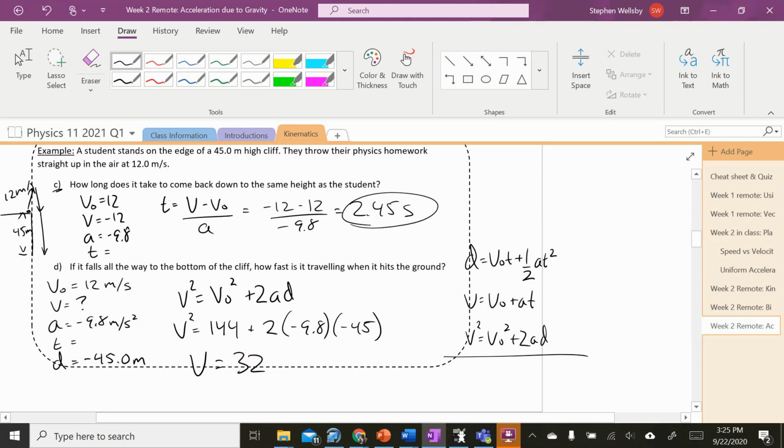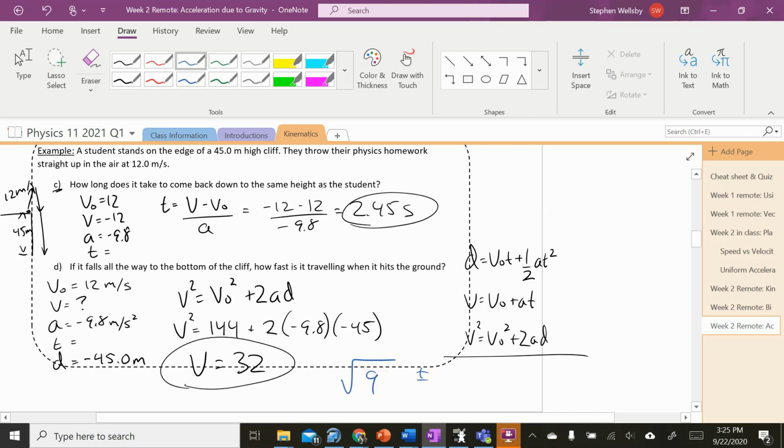Now, what is the problem that you're noticing, and what is the solution to this problem? On the surface, it looks like v is equal to 32, meaning it has a value of positive 32. But that doesn't make much sense because that would tell us it's going upwards. So just remember, a general rule of thumb with a square root, the answer is always going to be plus or minus.